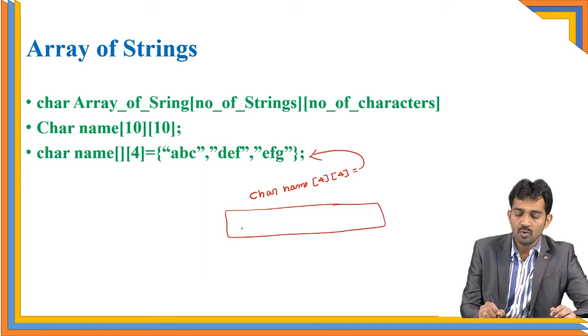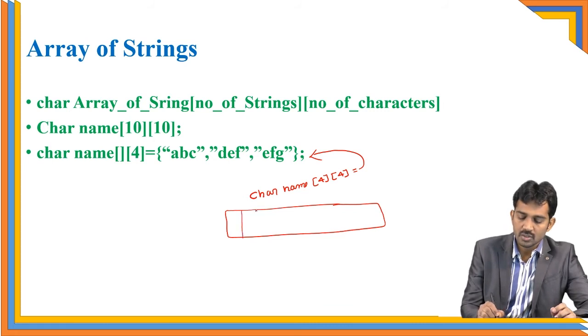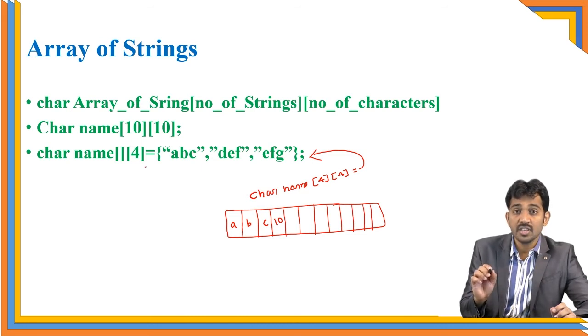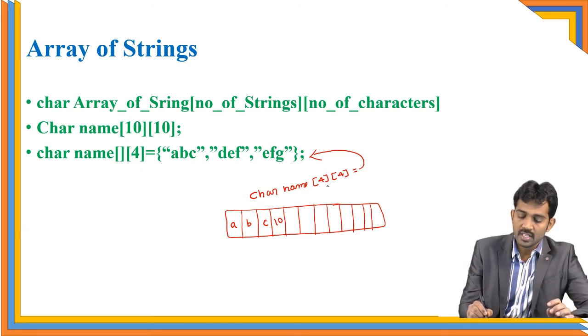First one, 4 by 4, means 1, 2, 3, 4, 5, 6, 7, 8, 9, 10, 11, and so on. See, A, B, C, null character, because here 4 is there. Every string it is going to allocate 4 characters. ABC, null character, then D, E, F, null character, E, F, G, null character.